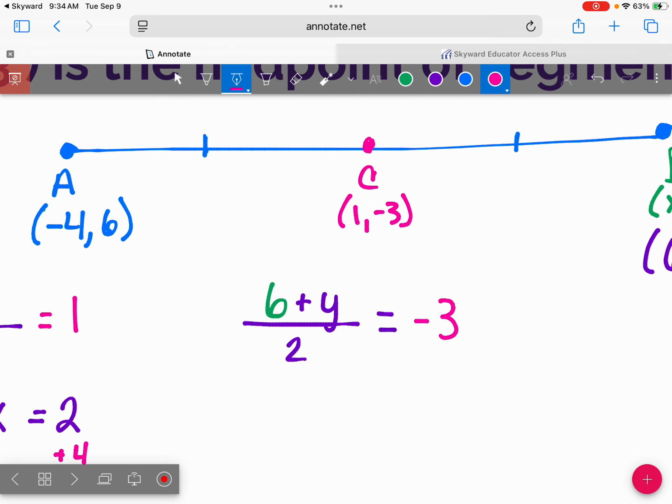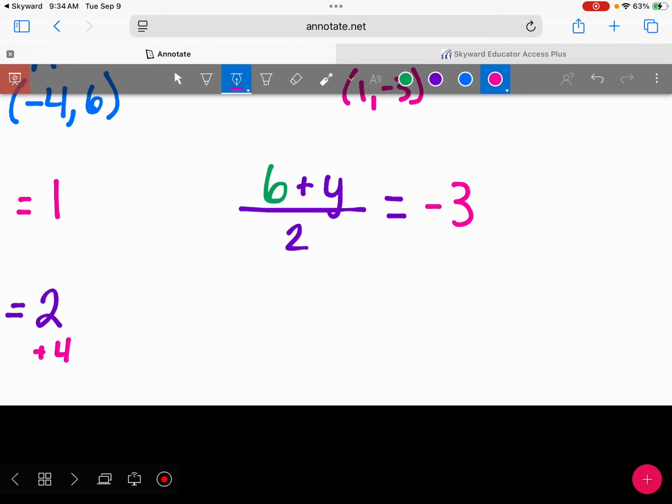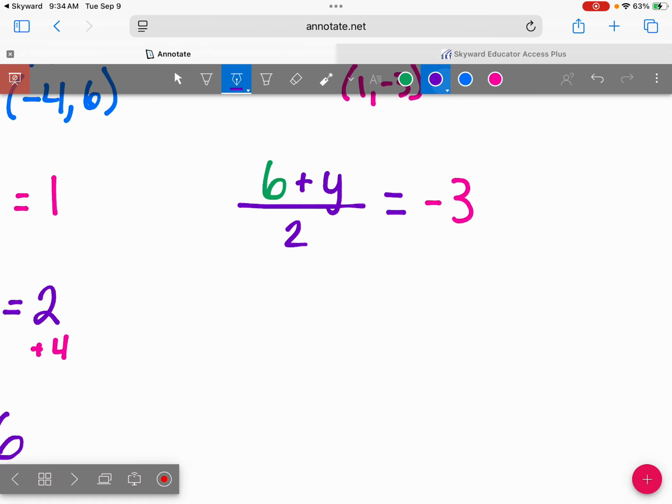Because if I know the endpoints, I can find the midpoint. So now if I know one endpoint and the midpoint, I can find the other endpoint. And again, we're going to follow that same kind of process. We're going to multiply both sides by 2. That's going to give us that our 6 plus y equals negative 6.